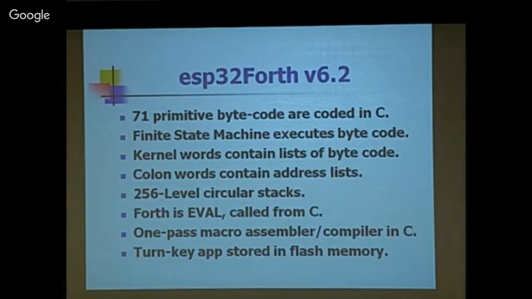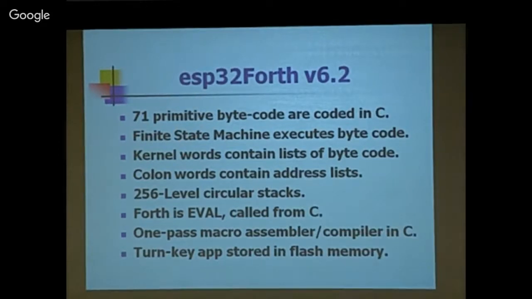So eval expects a string, a list of words placed in memory somewhere. If you give eval the starting point of this string and the length of the string, eval would go interpret the words in this list. And this is the key in the ESP32 or the later versions.